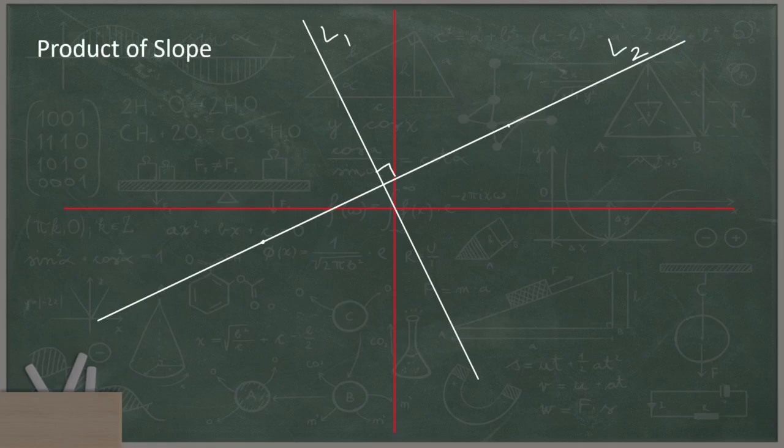And in the case of perpendicular lines L1 and L2, the product of slopes of perpendicular lines is always equal to -1. That is, the product m1 m2 is -1. If the product of the slopes of two lines is -1, then the lines are perpendicular.